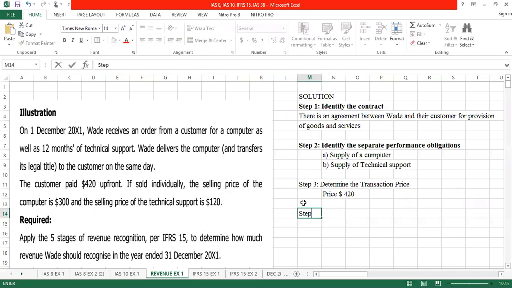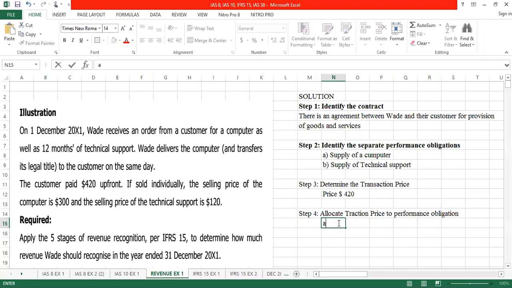Step 4. In our step 4, what did we say? Allocate the transaction price to the performance obligation. So let's allocate.